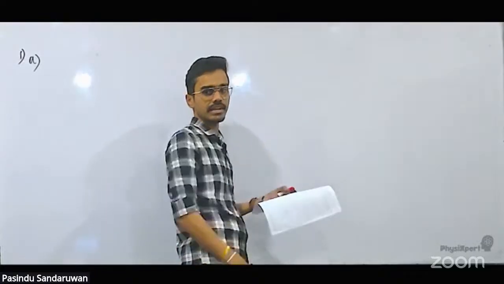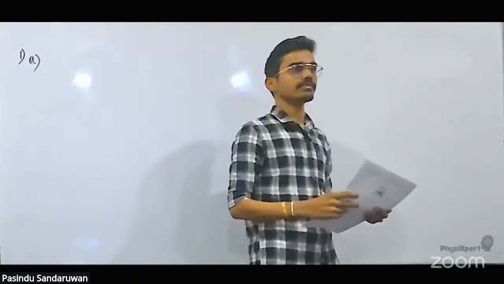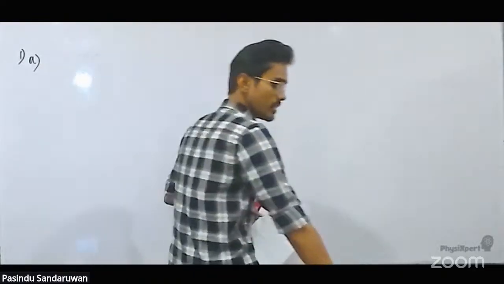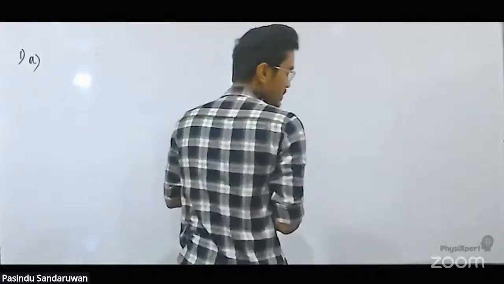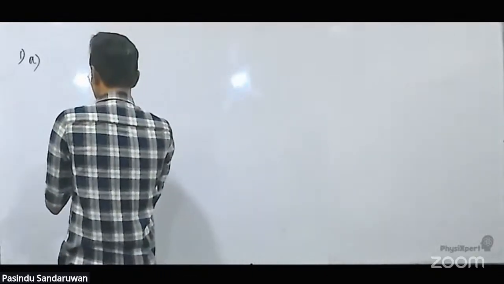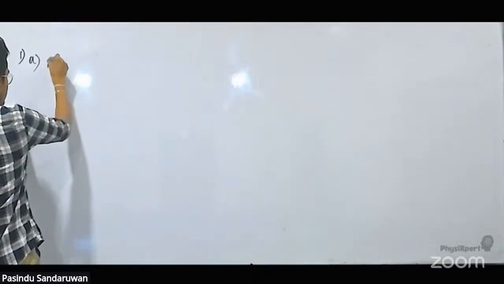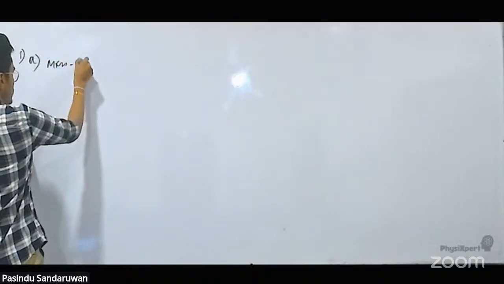Otherwise the metal gets damaged, and the value you measure will differ from the actual value. So we can't take such a measurement using a vernier caliper. Micrometer screw gauge.